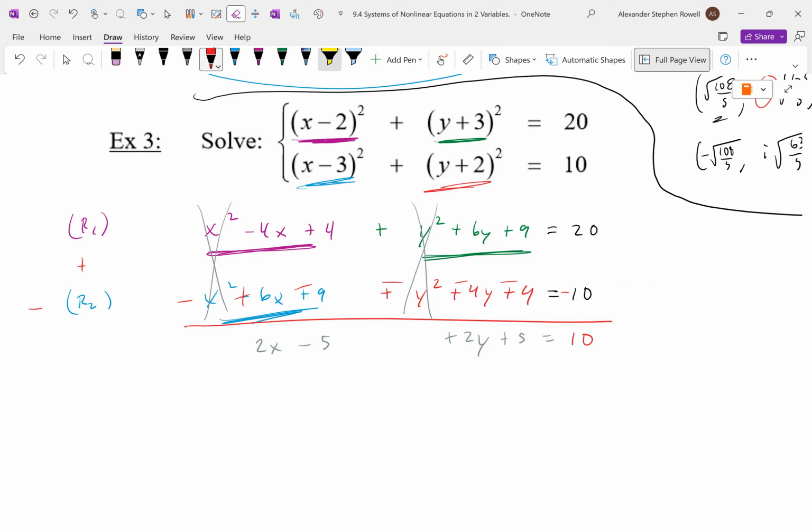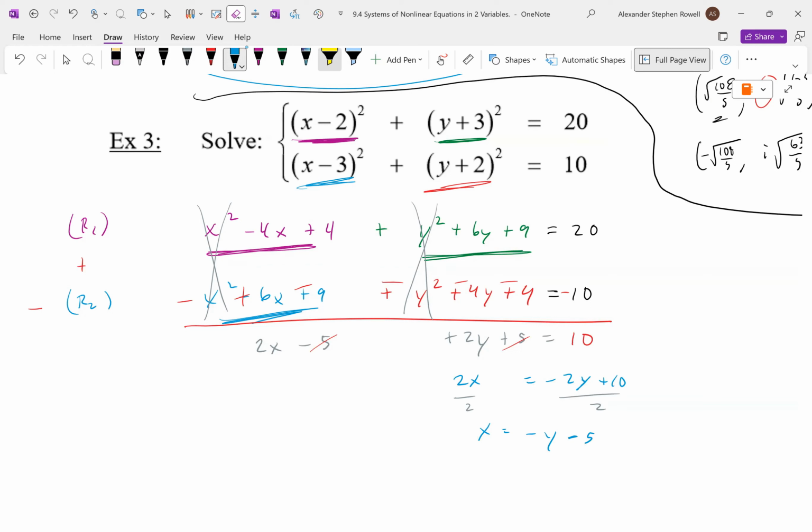Okay, so I eliminated the squared terms, but I still have an x and y. -5 plus 5 is 0. I'm going to subtract 2y from both sides. So 2x is equal to -2y plus 10 and divide both sides by 2. X is equal to -y plus 5. So I used elimination, but I didn't actually eliminate a variable.